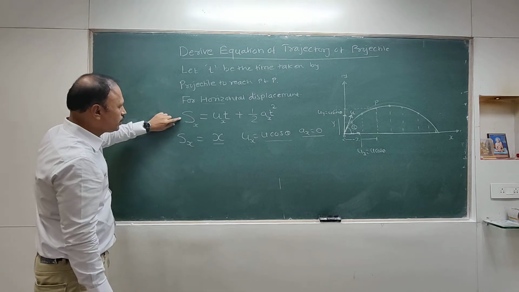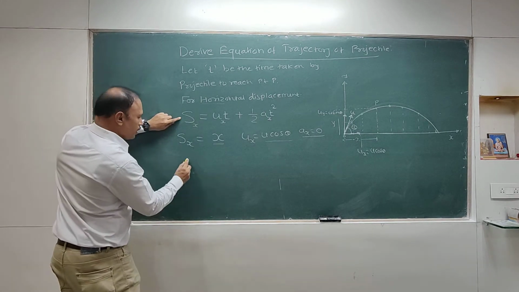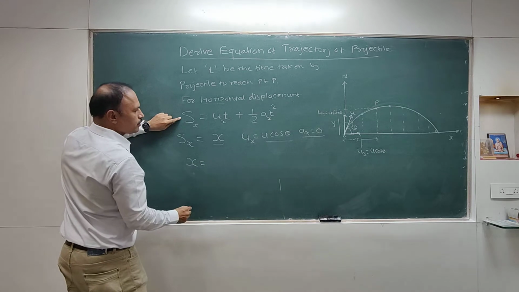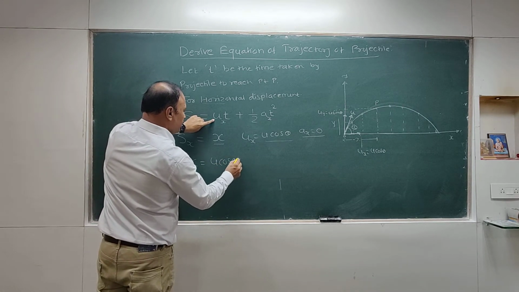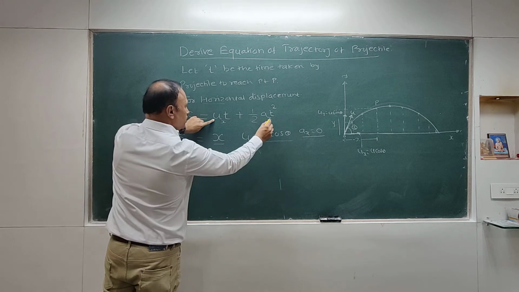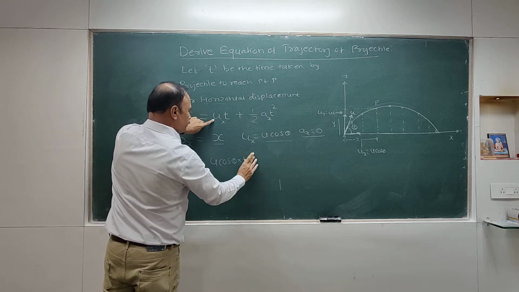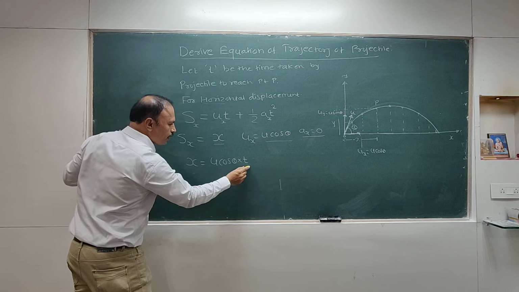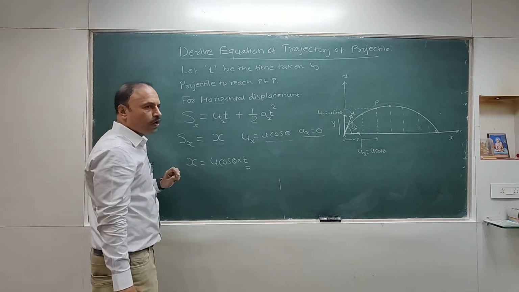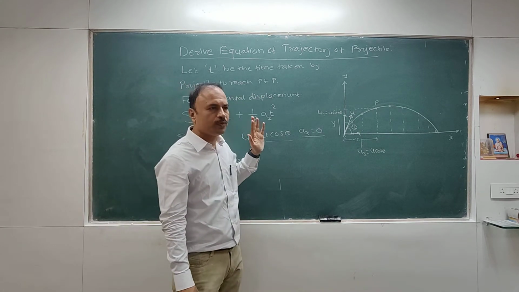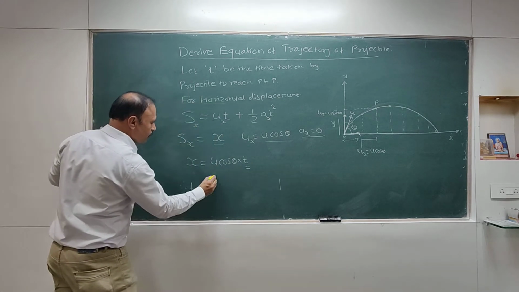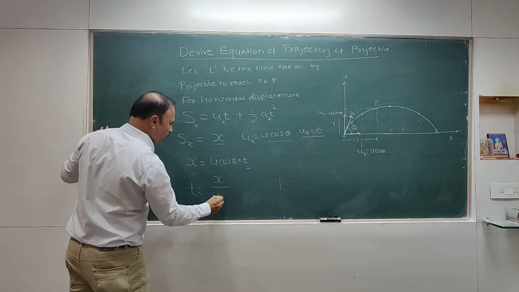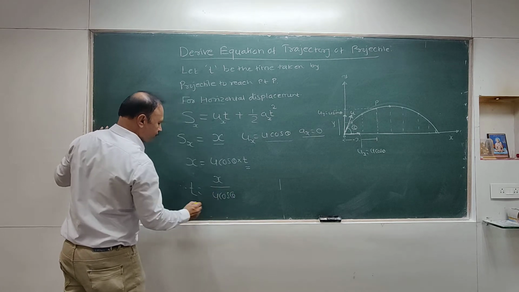Clear? Yes. ux is u cos theta, Sx is x. So let's substitute here. x equals u cos theta into t, plus 0. So can I get the time for the projectile to reach point P? That time will be x upon u cos theta.